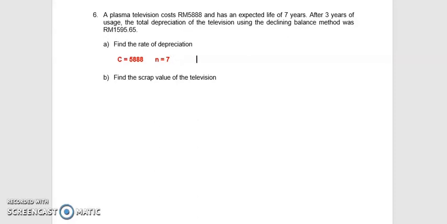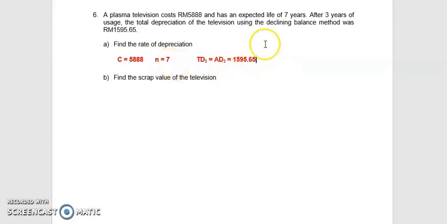So this one is actually total depreciation year 3, also equivalent to accumulated depreciation year 3. So 1595.65. After you use it for 3 years, it already depreciates by this amount.